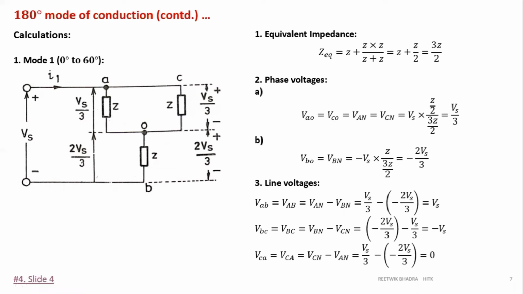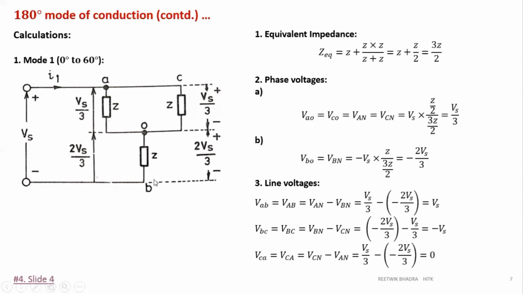And since I have used in the waveform VAN and VCN, because N is your neutral point, for you to understand in a better way, that's why I have used VAN equal to VCN. What is the total voltage? Vs. What is the impedance across this? Z by 2. What is the total impedance? 3Z by 2. So total voltage into same impedance by sum of the impedances. So Vs into Z by 2 by 3Z by 2 equal to Vs by 3.